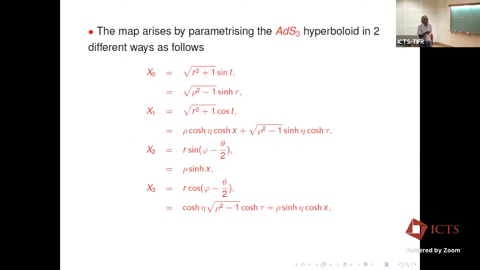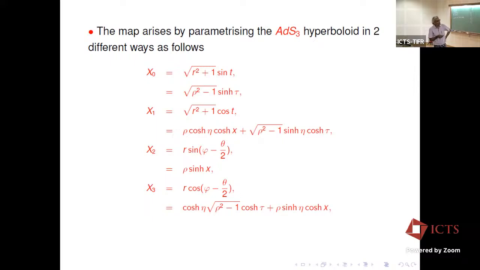Now, here is the map which we need. Basically, it's the AdS3 hyperboloid parameterized in 2 different ways. This parameterization with t and phi is the usual one, which gives you the global AdS. We need to shift this phi, and I'll tell you why we need to shift the phi. And this is the other one where you go to the Rindler coordinates.